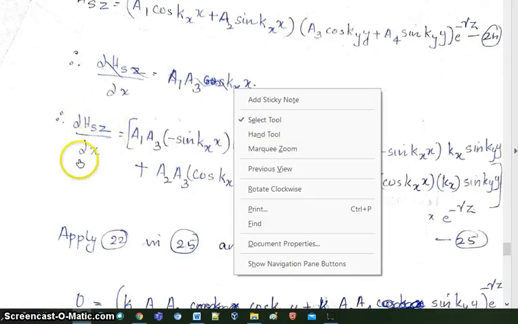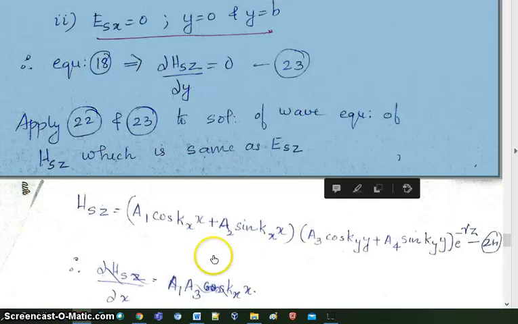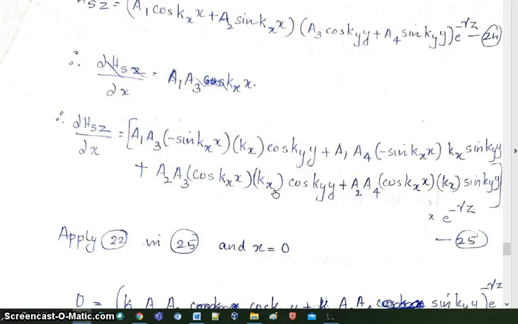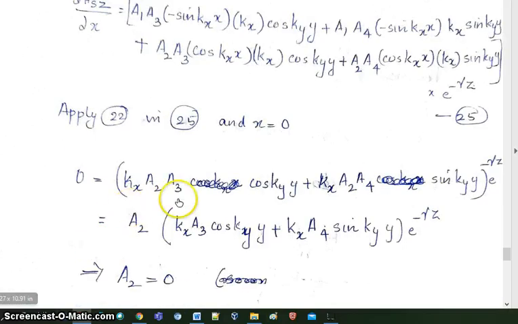So this term is equal to 0 for which condition? For x equal to 0. So I have substituted 0 is equal to, then x is also substituted as 0. Wherever there is sin x, the entire term becomes 0, and only the cos terms remain, because you know cos of 0 is 1.